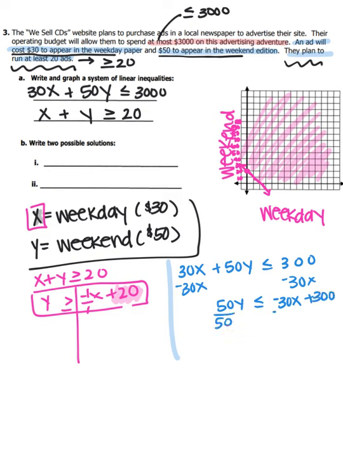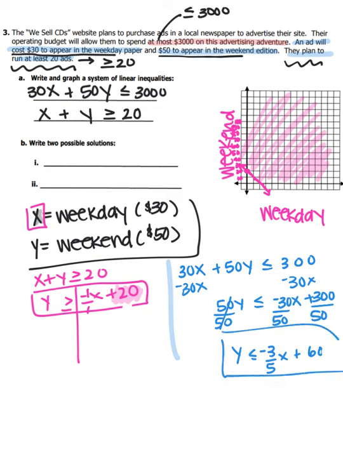Then we have to divide everything by that 50, since that's like 50 times y. So negative 30 divided by 50 reduces to negative 3/5 x plus 300 divided by 50 is 60. Sorry, didn't mean to write 600. 60. 300 divided by 50 is 60.